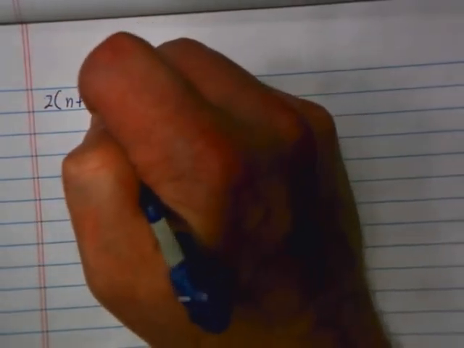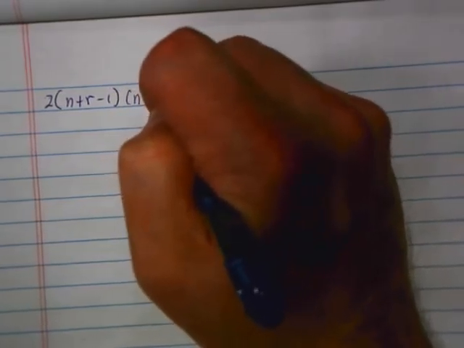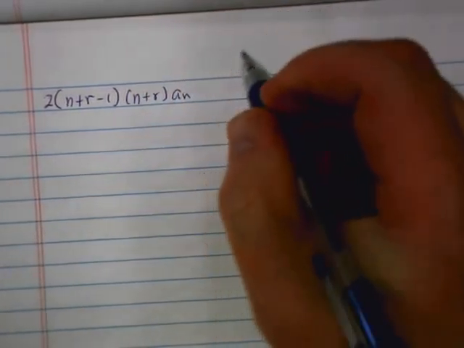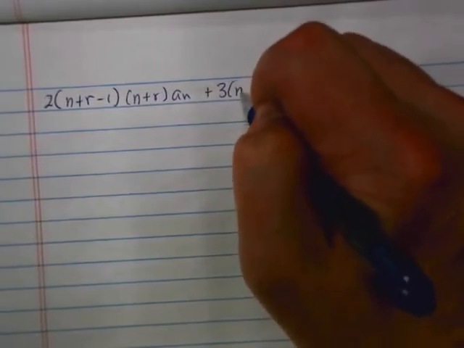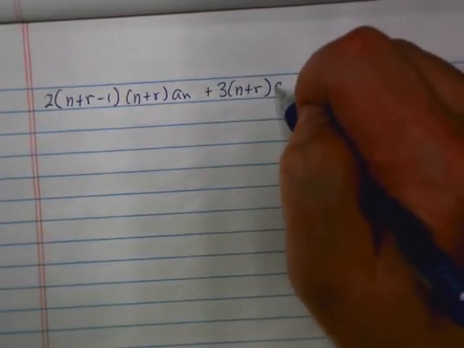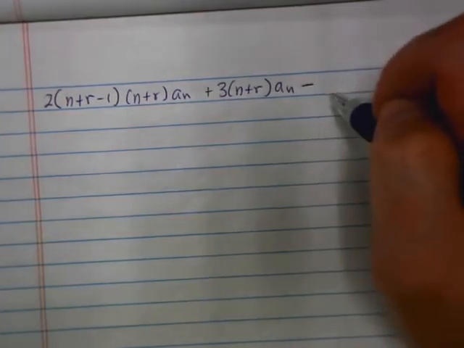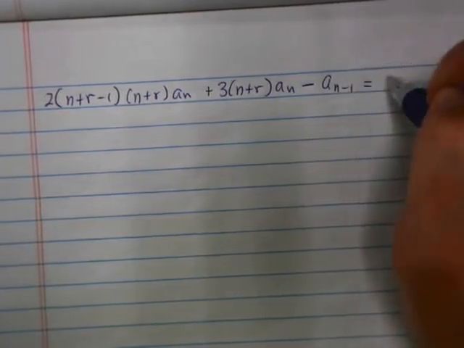So we have two times n plus r minus 1 times n plus r a sub n plus 3 times n plus r a sub n minus a sub n minus 1 equals 0.